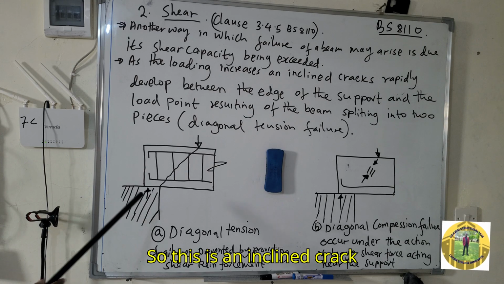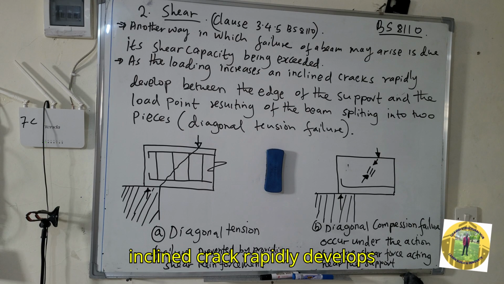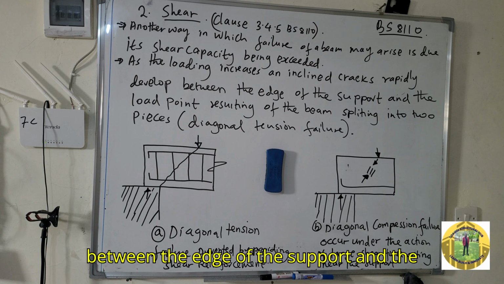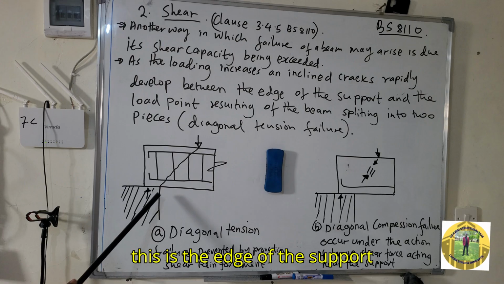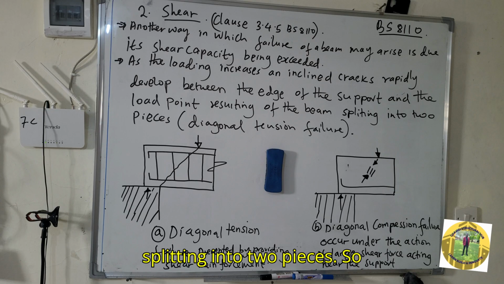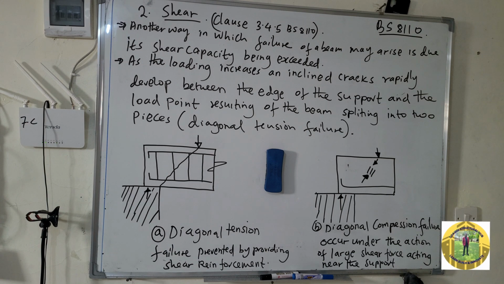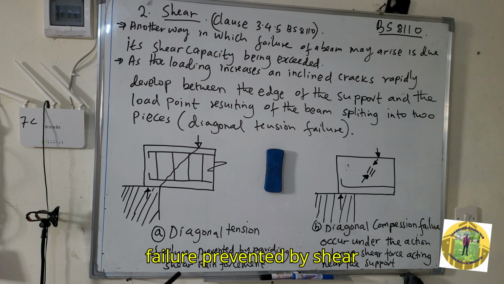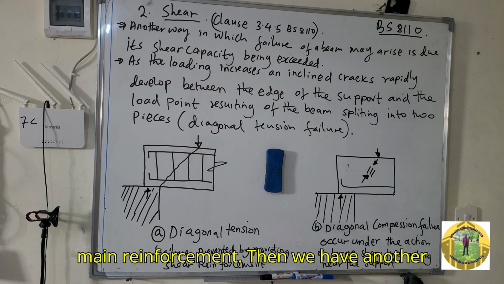This is an inclined crack, as you can see, between the edge of the support and the load point. This is the load point and this is the edge of the support, resulting in the beam splitting into two pieces as a result of shear failure. This is diagonal tension failure, prevented by shear reinforcement. These are the shear reinforcement and this one is the main reinforcement.